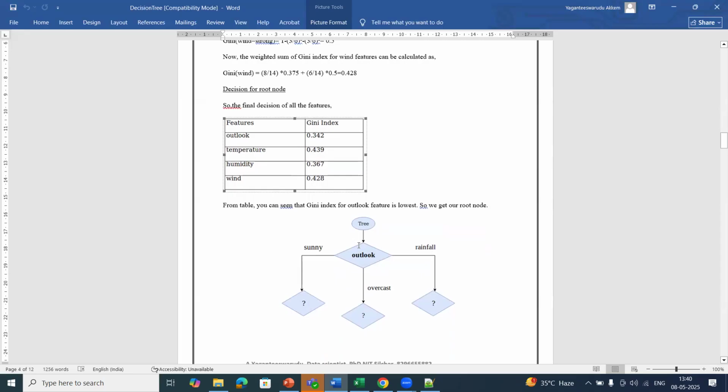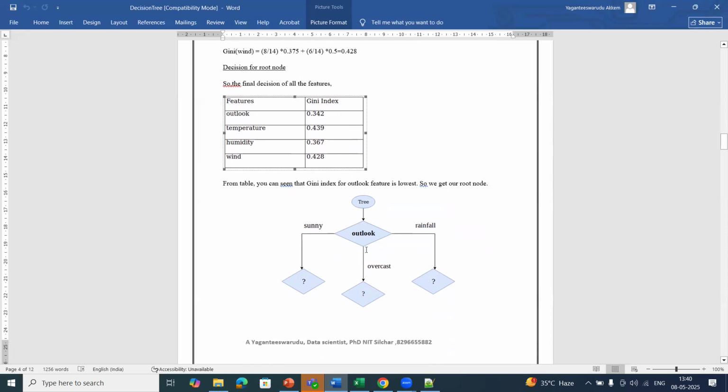So the feature Outlook, which plays a major role, is giving less Gini index, which means there are fewer chances of predicting the output in a wrong classification. So that's why Outlook is the root node. Once my root node is decided, that is Outlook, how many values for Outlook? There are sunny, overcast, and rainfall.